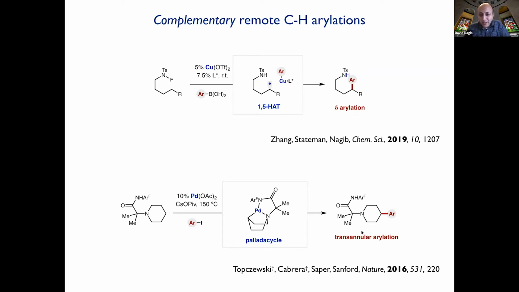Of course, we can also look at other problems and challenges and be inspired by them as well. So here's a piperidine core. These 6-membered rings are actually the most common heterocycle in all of medicines, and that intrigued us as well.